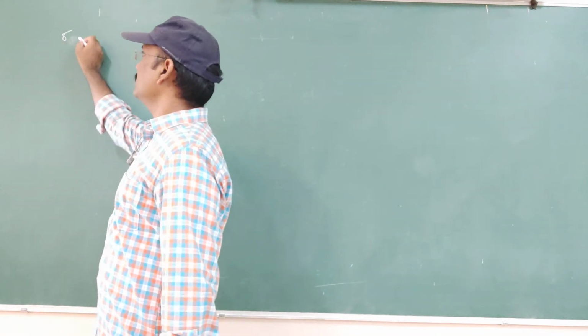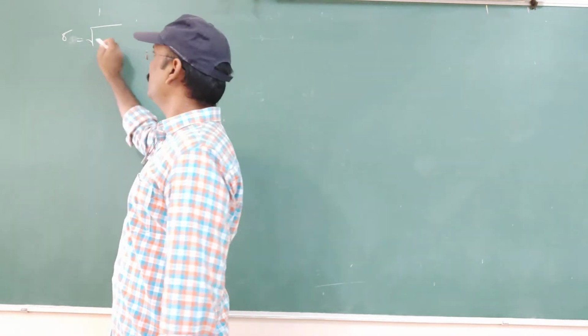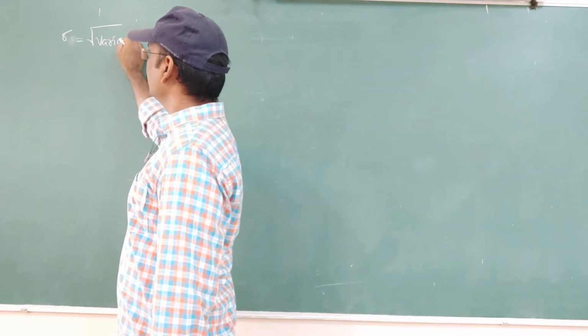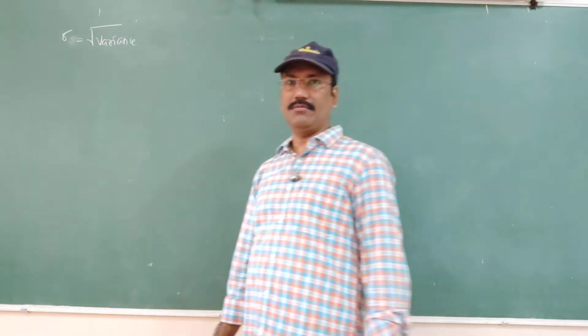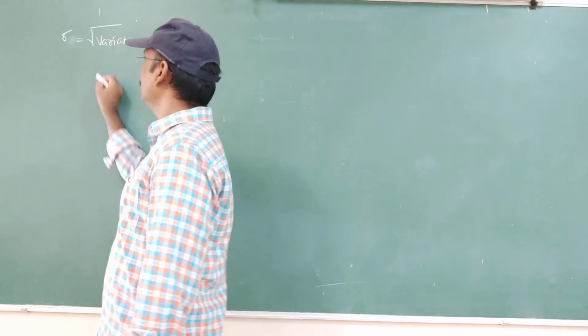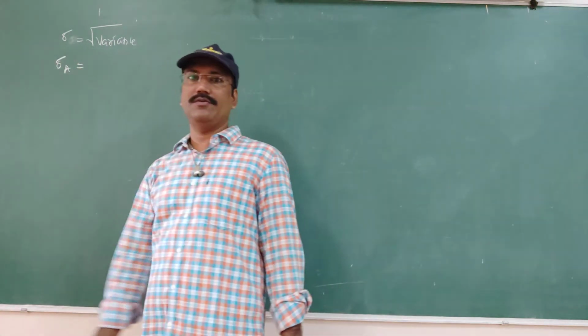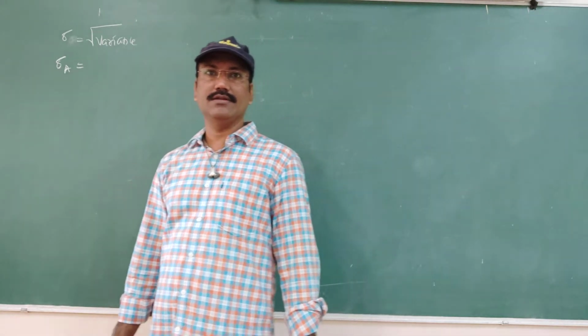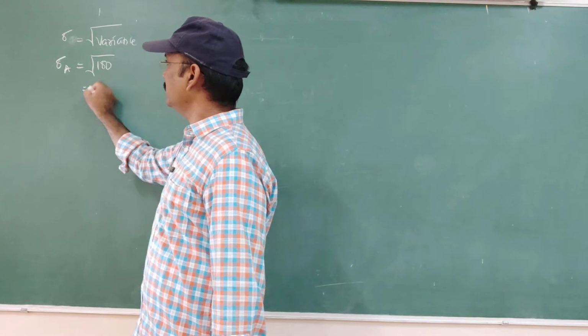First write the formula. Standard deviation is equal to the root of variance. Now apply it to village A. The village A variance is 100, and its root is 10.